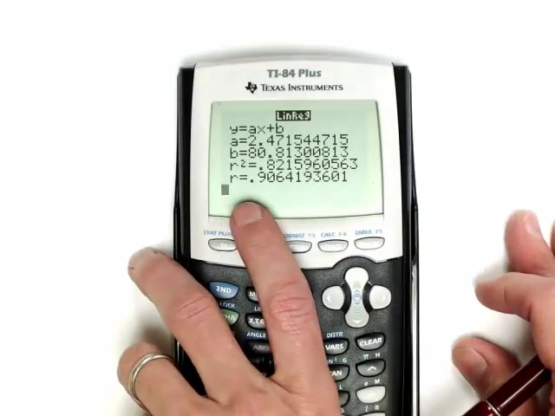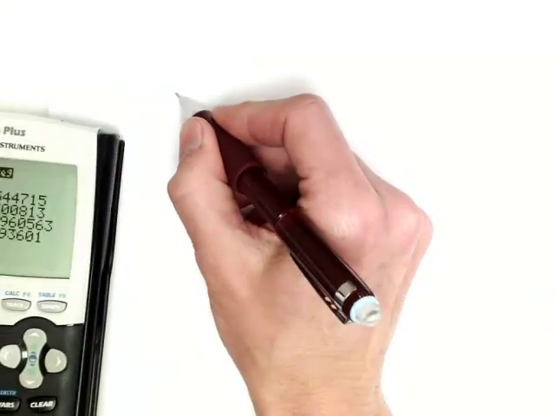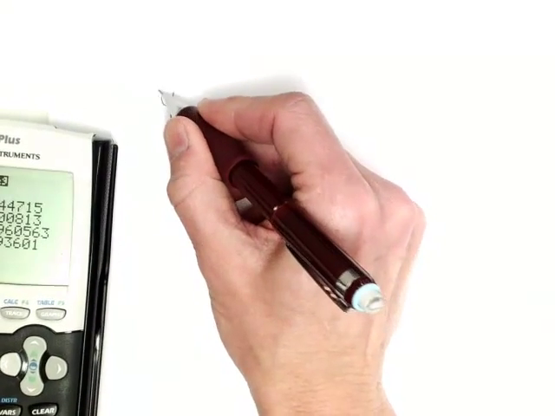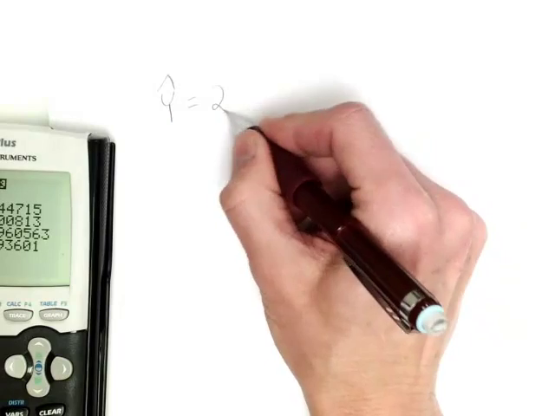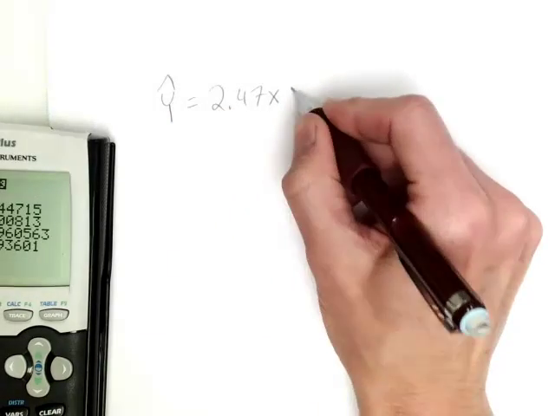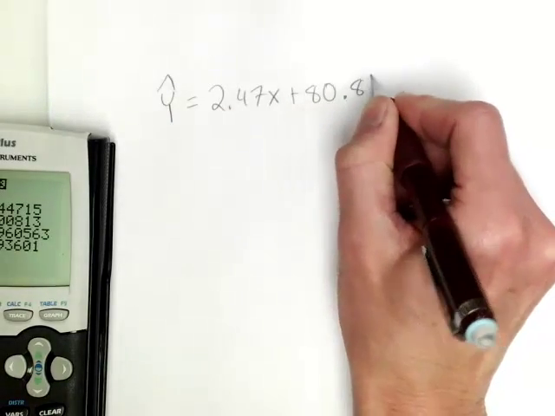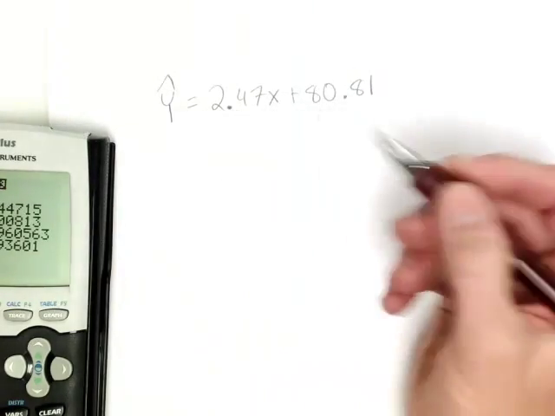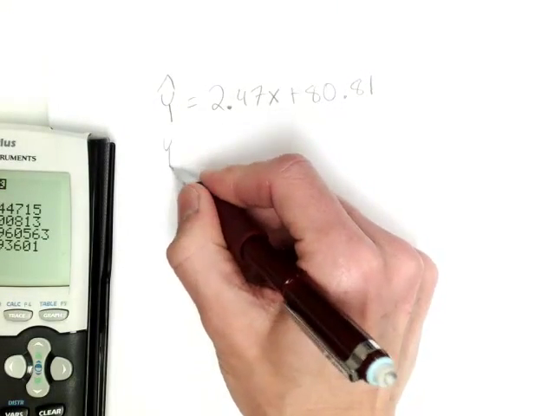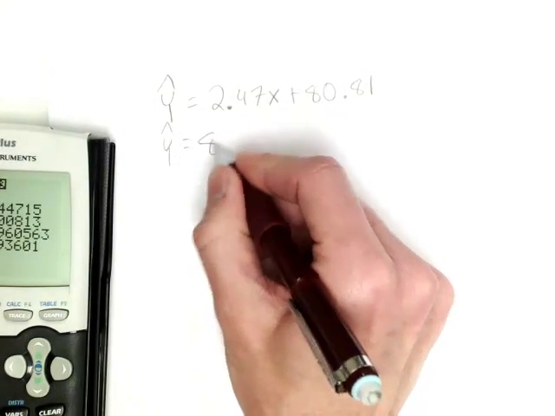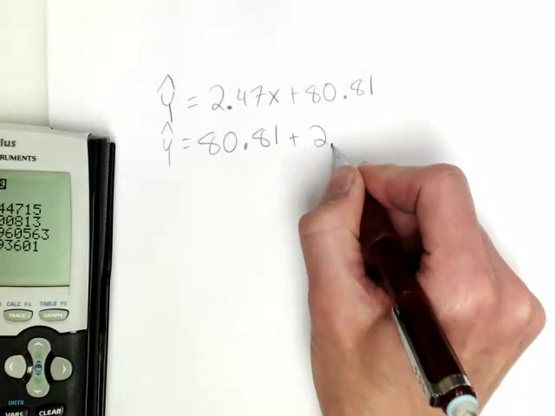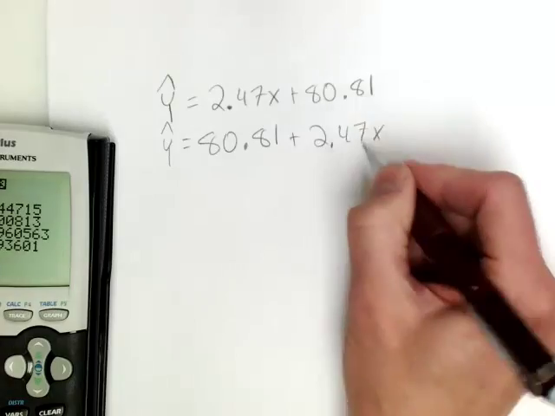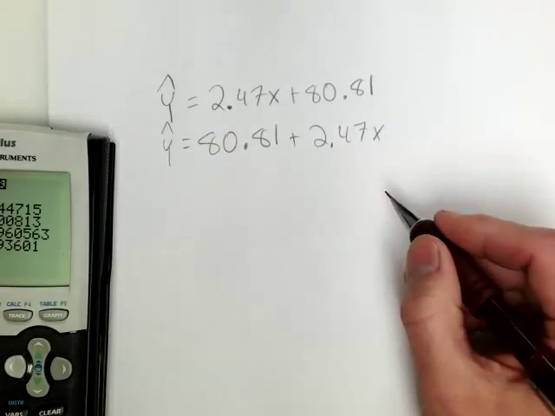So I can go ahead and write that. My estimated regression equation would be about 2.47x plus 80.81, with rounding. Oftentimes textbooks put the intercept first, so either one of these answers is acceptable.